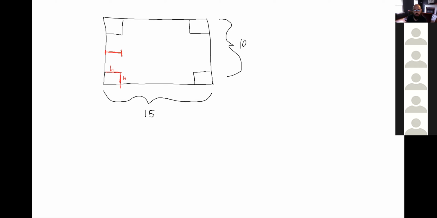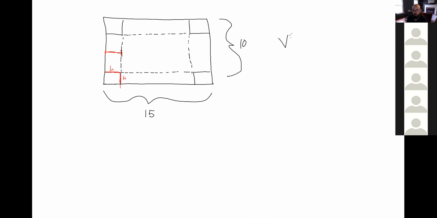We want to add in some more information here. If I draw dashed lines like this, a dotted rectangle, this is the base of the box that we're creating. I need to figure out what that base is.